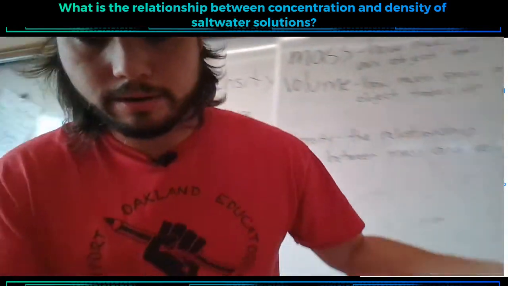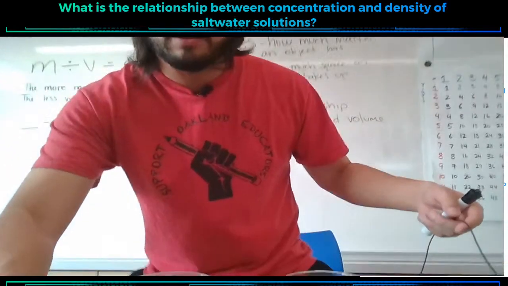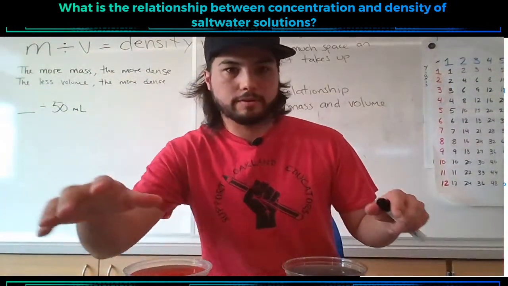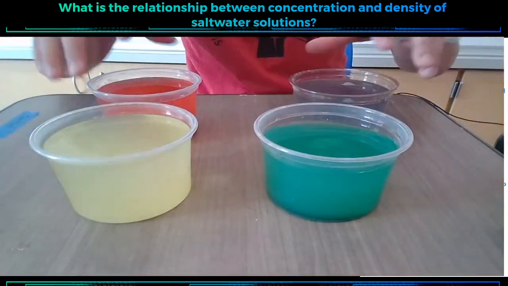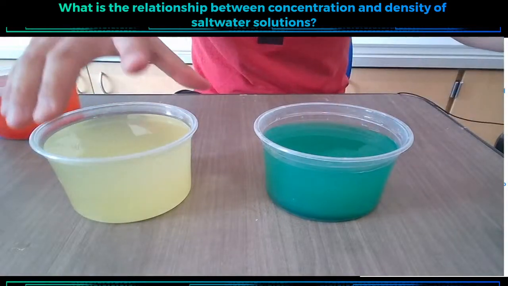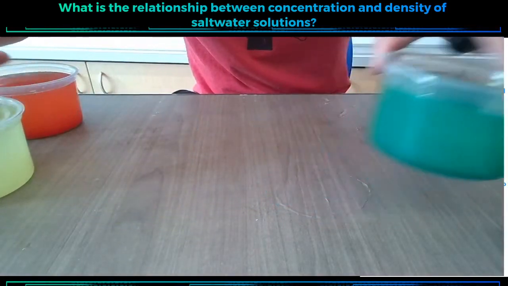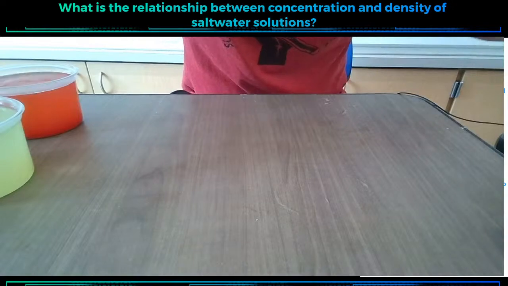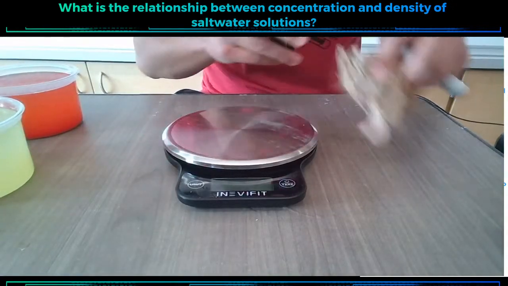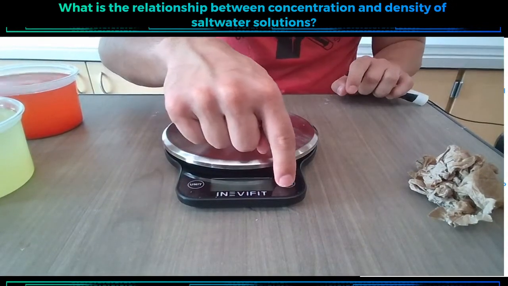So we're over here. We busted out the electronic scale for this one, which I'm very excited about. So we've got our 4 liquids here that I'm going to move to the side, and I'm going to put out our electronic scale here.